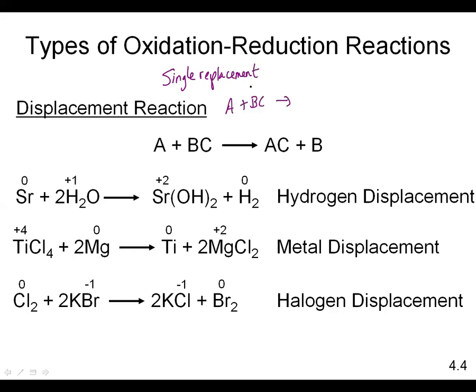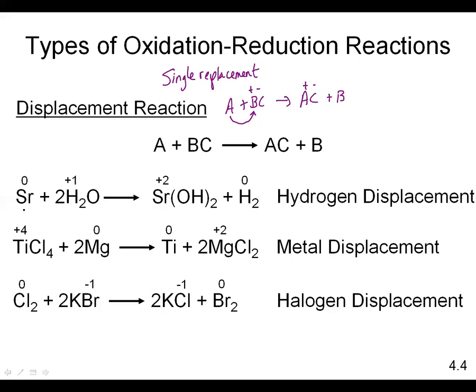And again, this is an ionic compound. If that's a metal coming in and kicking it out, it gets you A and C, and B coming out by itself. So this is usually what is classified as a single replacement reaction, but you can also get very specific in terms of what's happening.